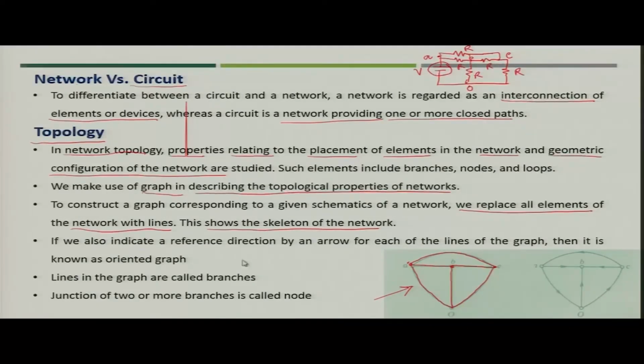Now, if you add the reference direction by an arrow for each of the lines of the graph, then it is called an oriented graph. That means when you analyze the circuit, you imagine the initial direction of maybe the current. If you show the direction of the current, then this will become an oriented graph. Lines in the graph are called branches and a junction is called a node.